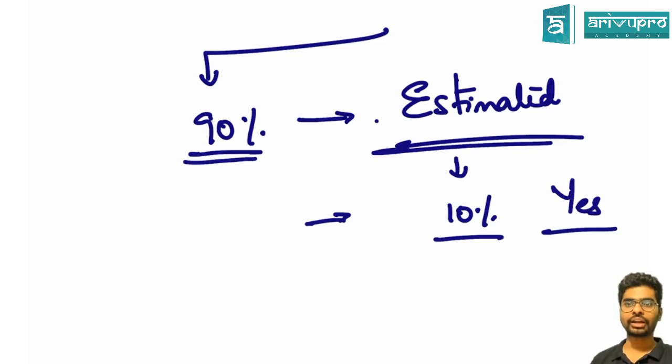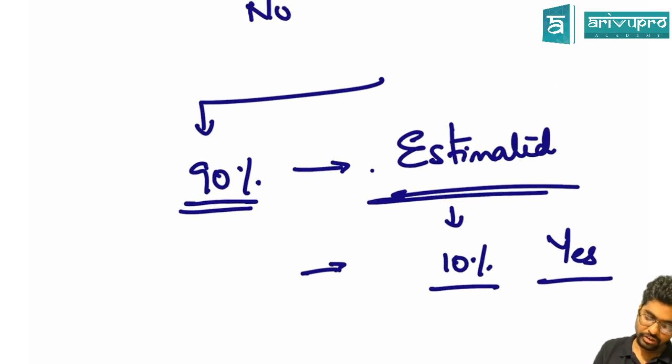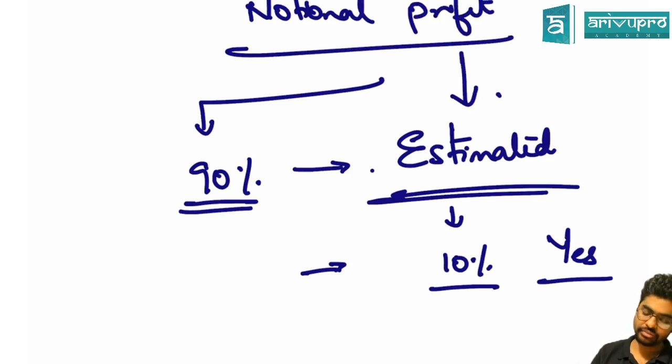So whenever a project is completed around, or we use a term closer to completion, that means around 85-90%, we don't find notional profit, rather we end up finding estimated profit. We don't find what?